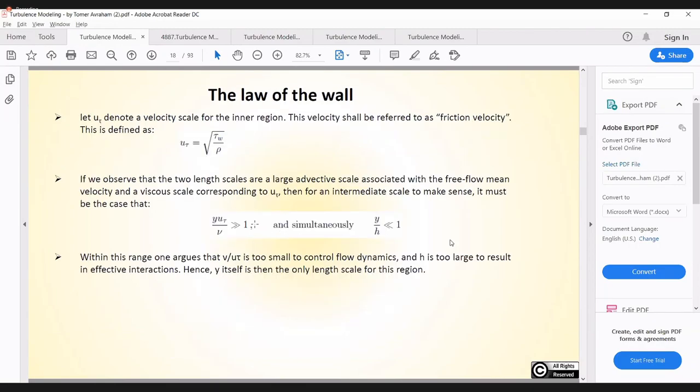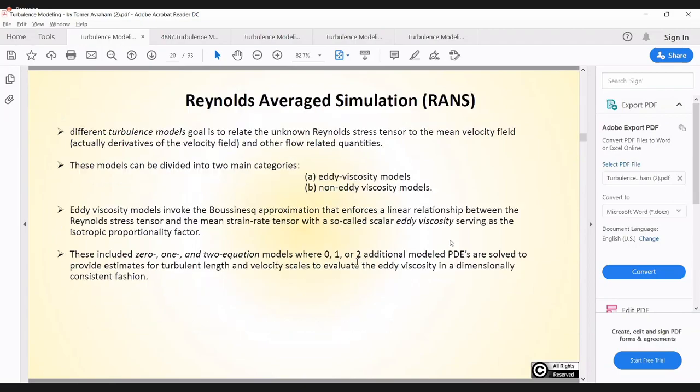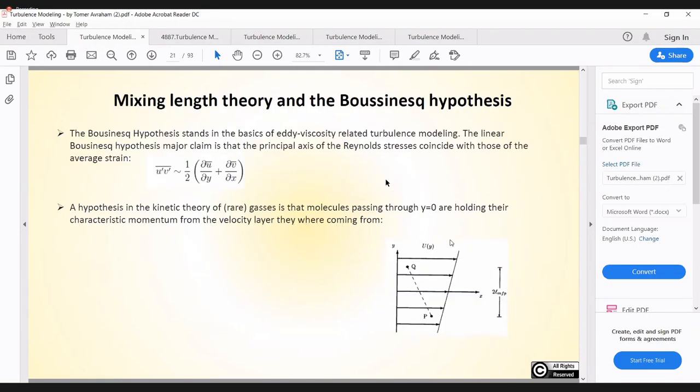Otherwise, you're also going to get some kind of mistake. So that's the law of the wall. It's average. Eddy viscosity, non-eddy viscosity.